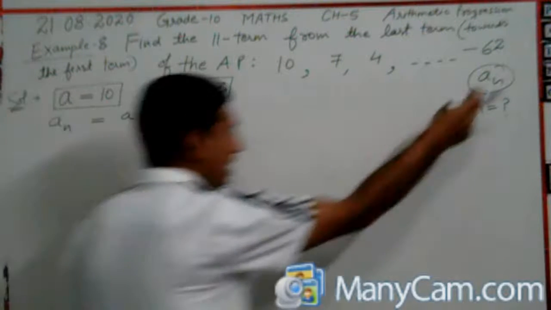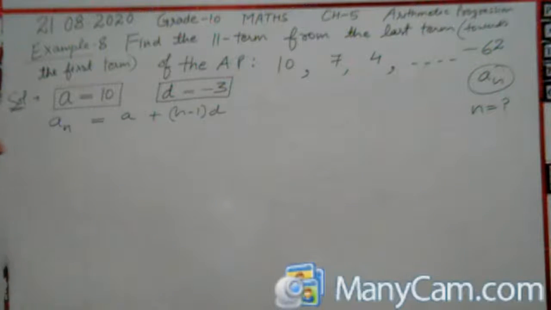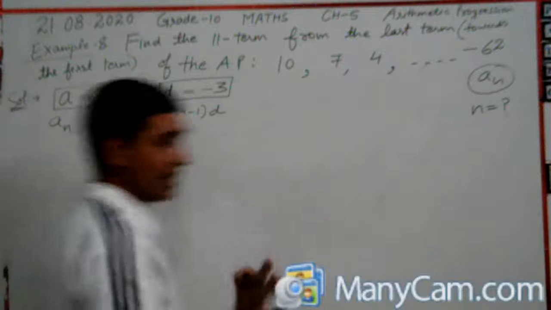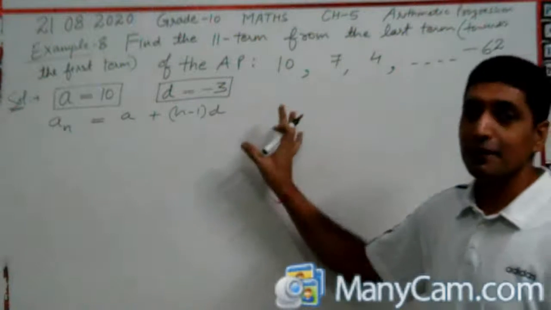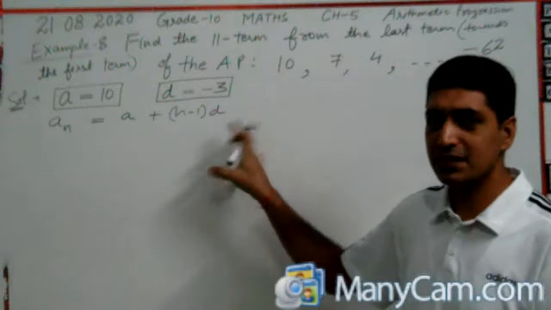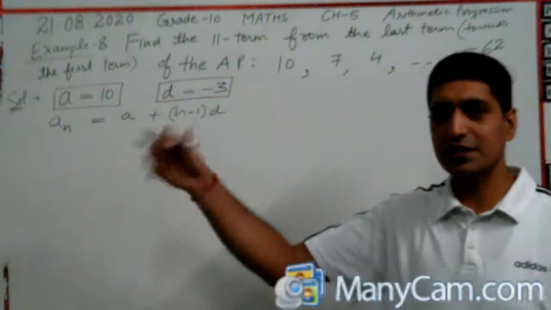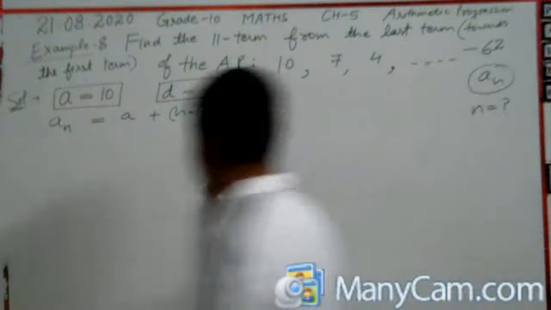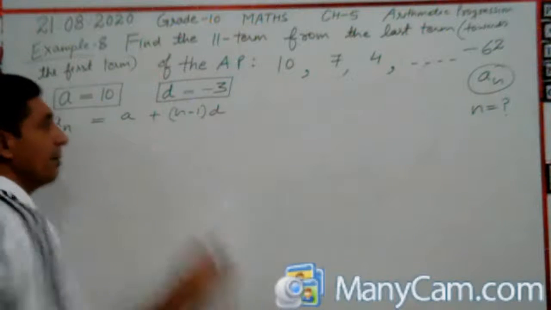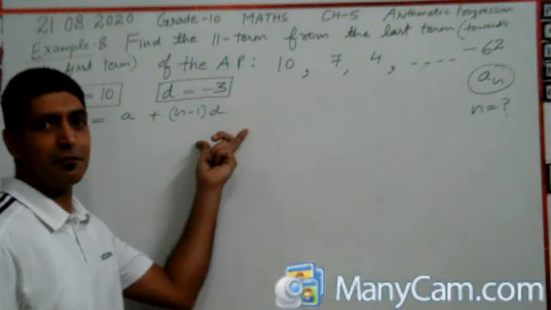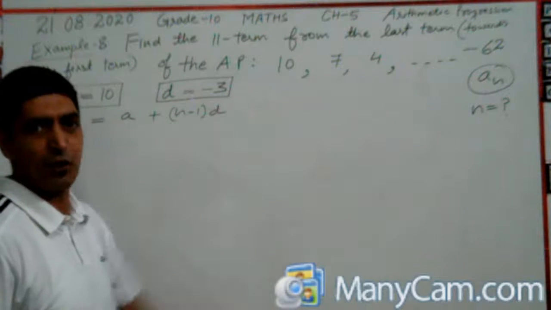I am interested in which position this minus 62 is coming. According to me, in the whole exercise 5.2 you will feel this is the most difficult one, but when we go to the equivalent easy version, you will find it very easy. Be attentive everyone, and maximum students please give me feedback whether you understood or not. Otherwise, I will give one more example on it.